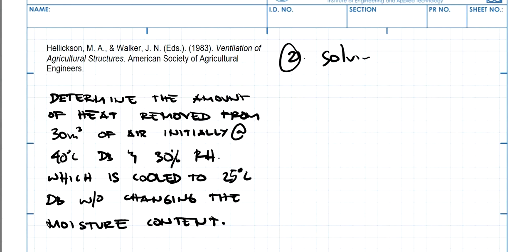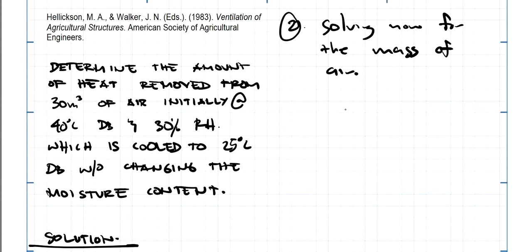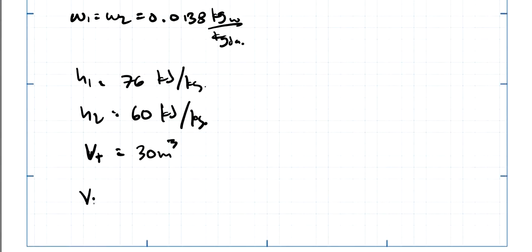So solving now for the mass of air. This time this is not a flow rate because this is just cubic meters. Therefore, the mass of air is equal to the volume over the specific volume.